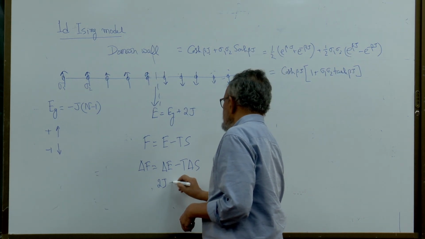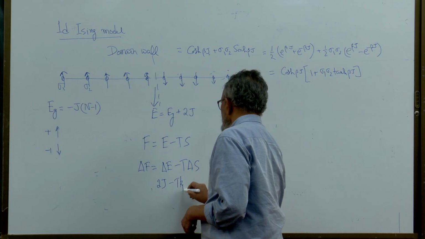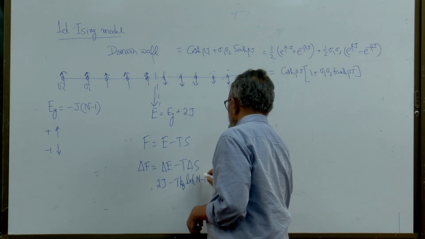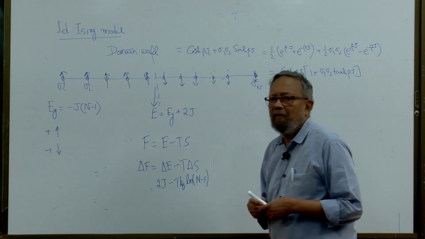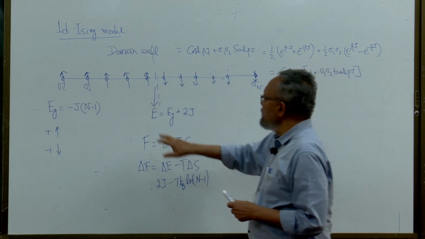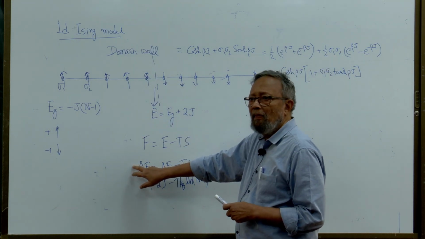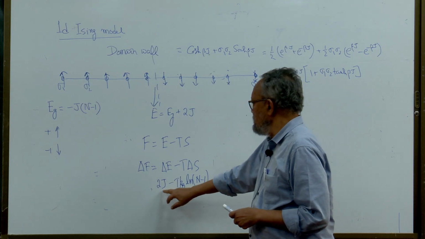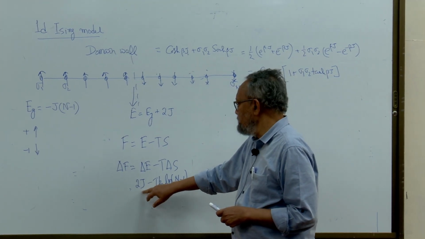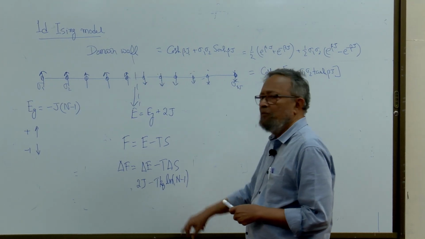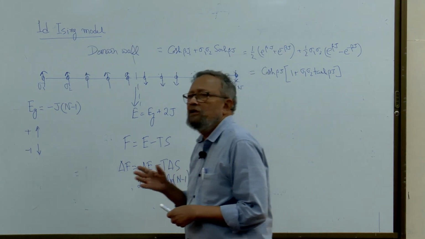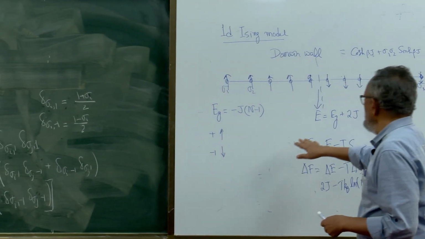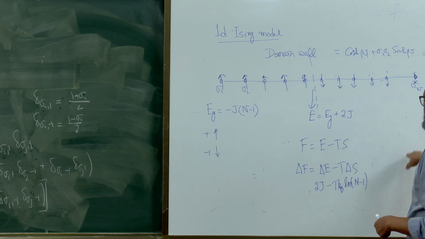So this is minus T times k_B times log(n-1). Going from the ground state to the first excited state, the change in the free energy is this one. 2J is coming from the change in energy, and this log(n-1) is coming from the multiplicity of this first excited state. Now we are always, of course, looking at very large values of n.